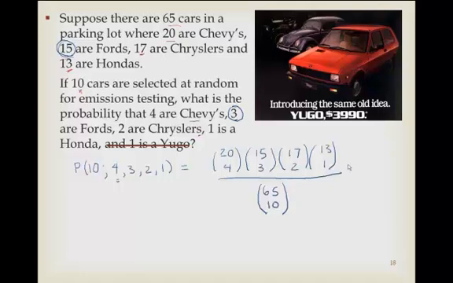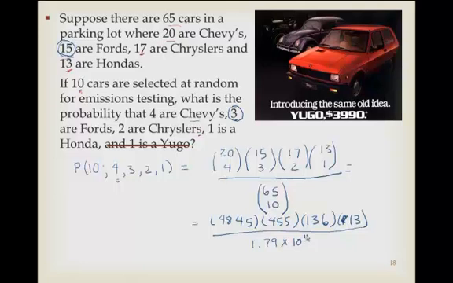When you calculate that all out, it turns out to be 4845 times 455 times 136 times 13, divided by 1.79 times 10 to the 11th, and that turns out to be about 0.022.